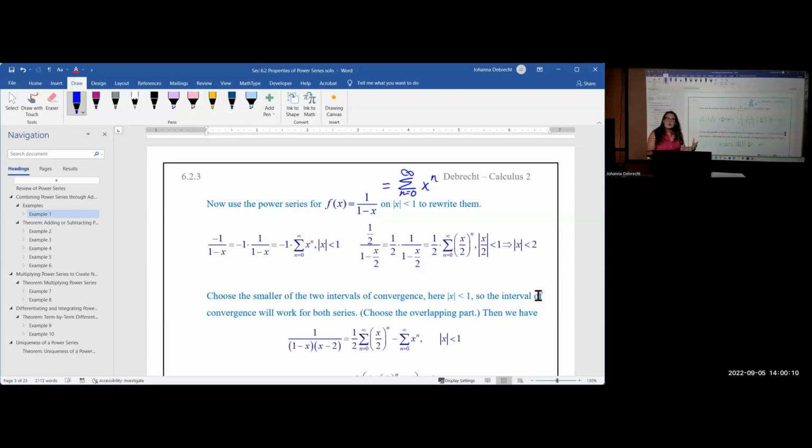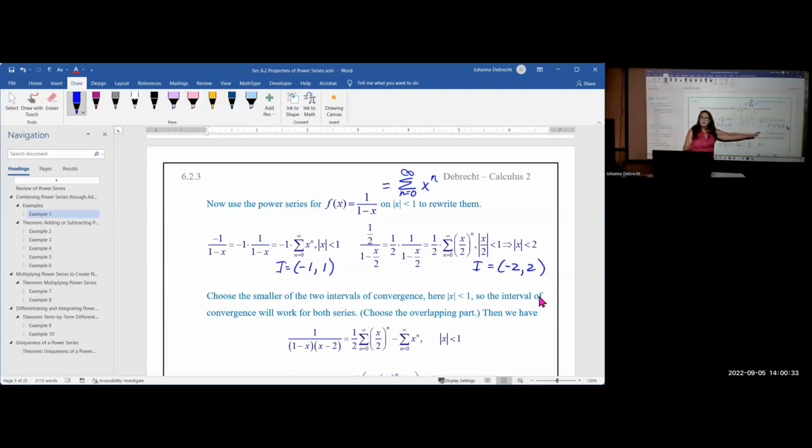Now this is two different intervals of convergence. So if I'm looking at this one up here, I've got an interval of convergence between -1 and 1, but this one has an interval of convergence between -2 and 2. But again, we have to take what overlaps. So what do they have in common?